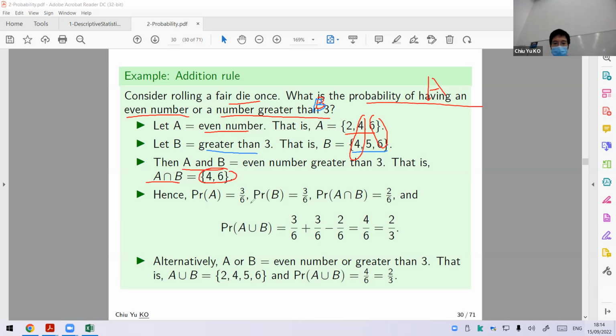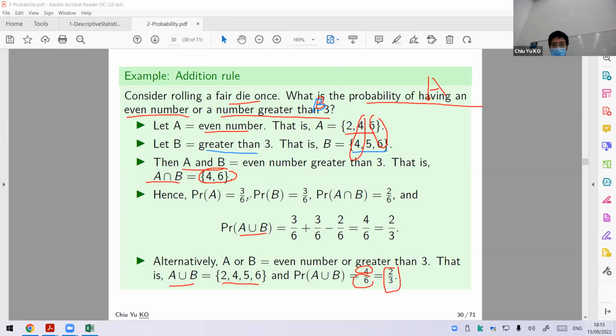So the question is asking for A union B. Now let's see how you do the calculation. A union B is just 2, 4, 5, and 6 because you pick up everything there. So we have 4 outcomes over 6 outcomes, which is 2/3. And this is direct calculation. So the question is, what if we don't do direct calculation?